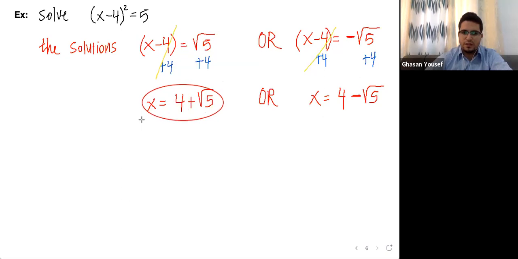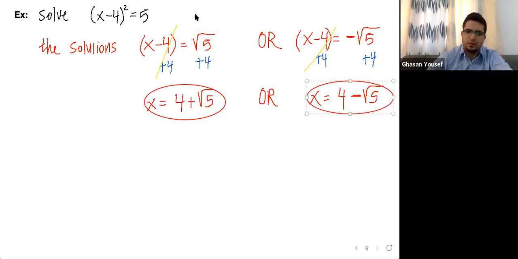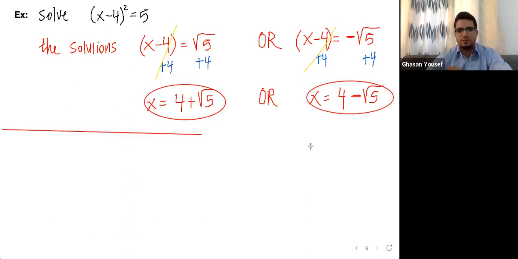So this is a very important property. We can use it a lot in simple quadratic equations, just by taking the square root of both sides of the equation.